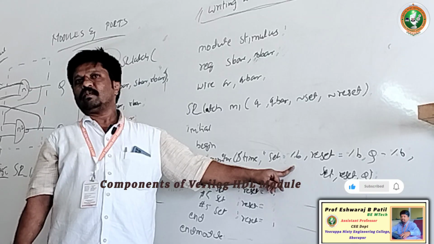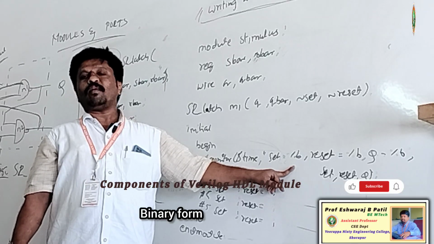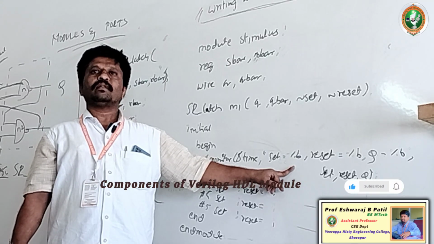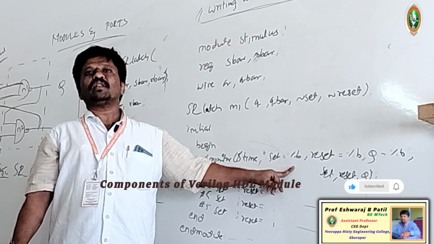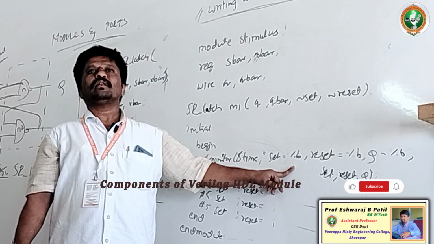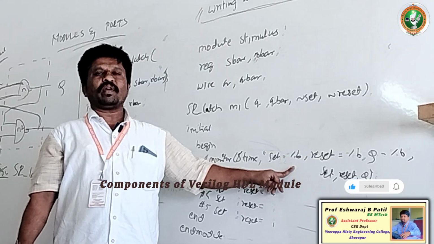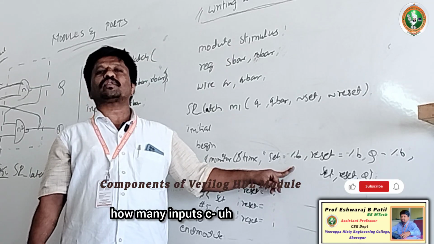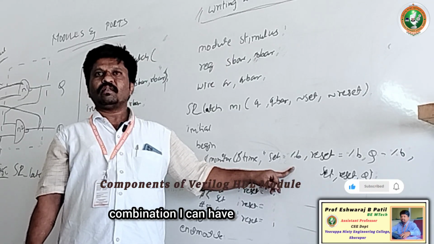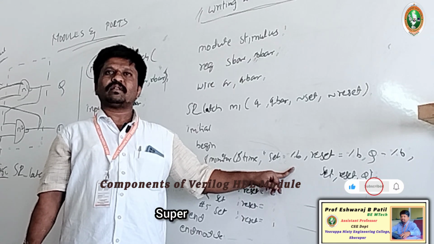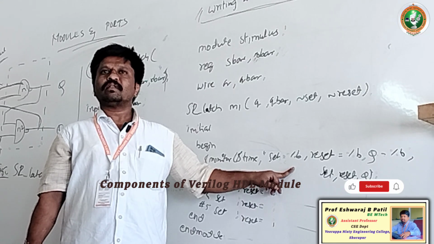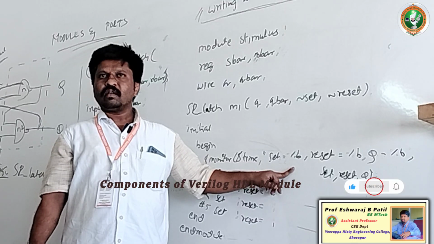Juror, binary form. What are those binary forms? Juror, get up, stand up. What are the input combinations for the binary? 0 or 1. Okay, for the two inputs, how many input combinations can I have? 3. Wow, super.